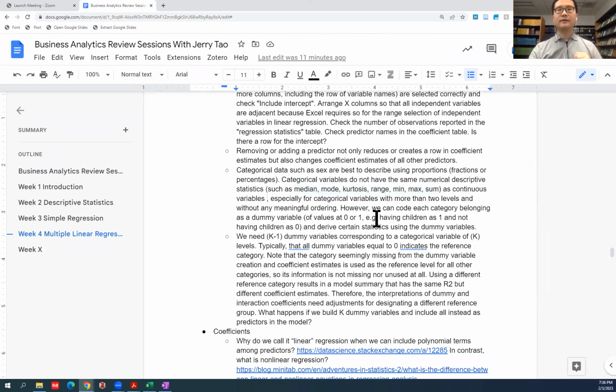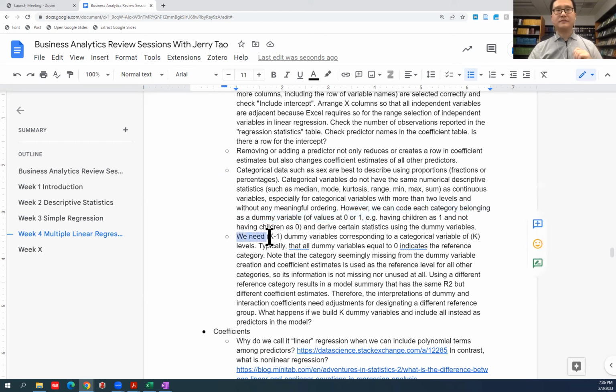For a categorical variable that only takes 2 values, however, we could estimate a mean that could potentially be meaningful. However, for any type of categorical variable, we could code them using a dummy variable of values either 0 or 1, and derive certain statistics from it.